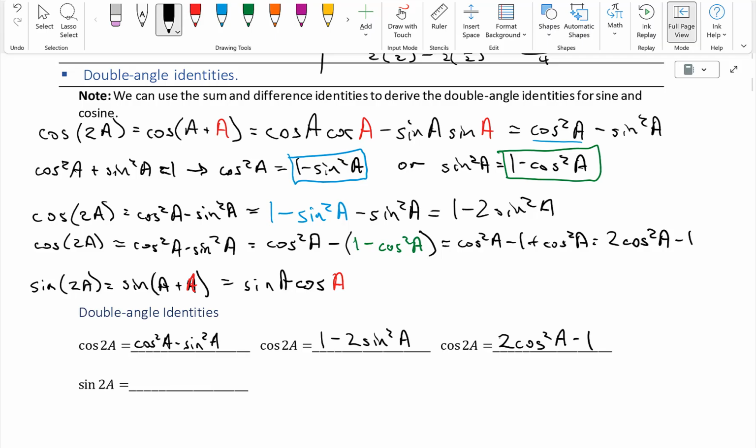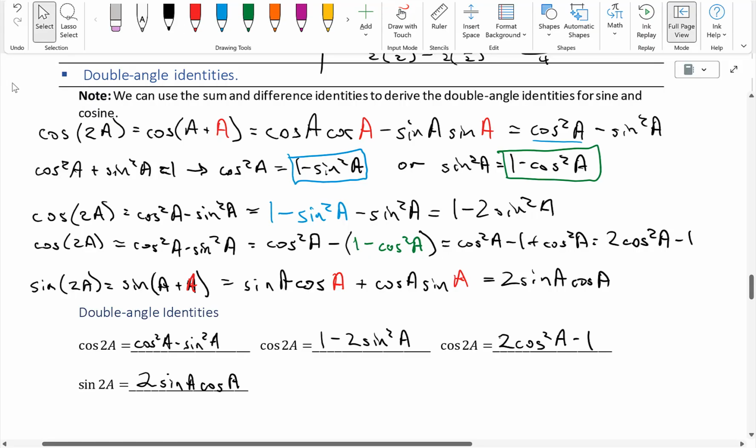Sine stays the same here, so plus cosine of the first angle times sine of the second angle. And so we can see with that commutative property for multiplication, we have a sine a cosine a for both terms, so we can write them together, and we have 2 of these sine a cosine a terms. So sine of 2a we just have one identity for. It's equal to 2 times sine of a, the angle, cosine a.